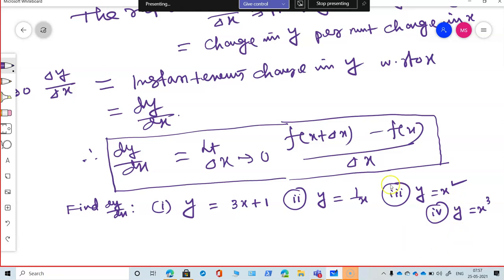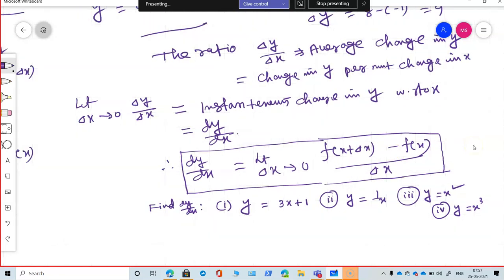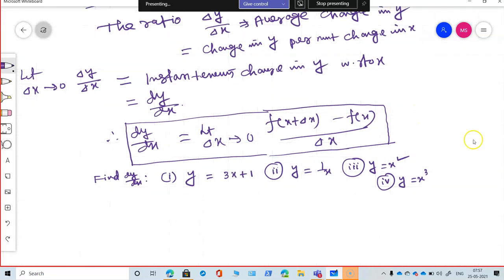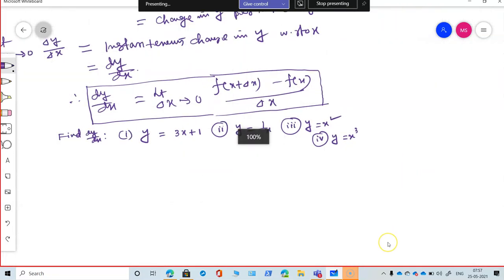Let me do one by one for you, because finally we'll reach the formula part and then your work will start over there.